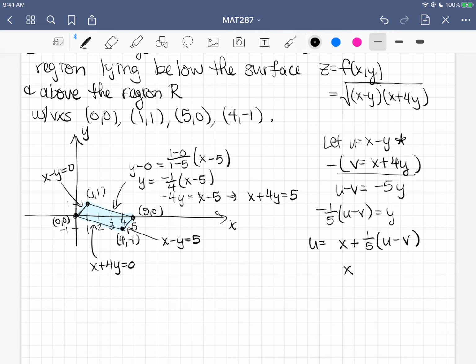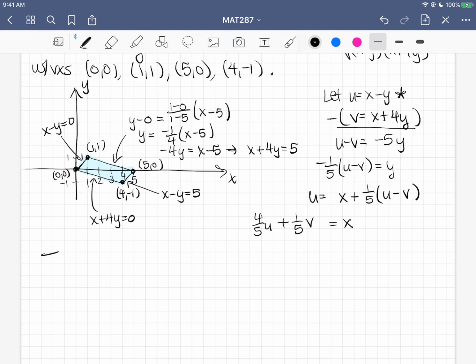I want to solve for x, so I'm going to subtract over. So I get u minus 1/5 u is 4/5 u, and then I add 1/5 v to both sides, so x equals 4/5 u plus 1/5 v.